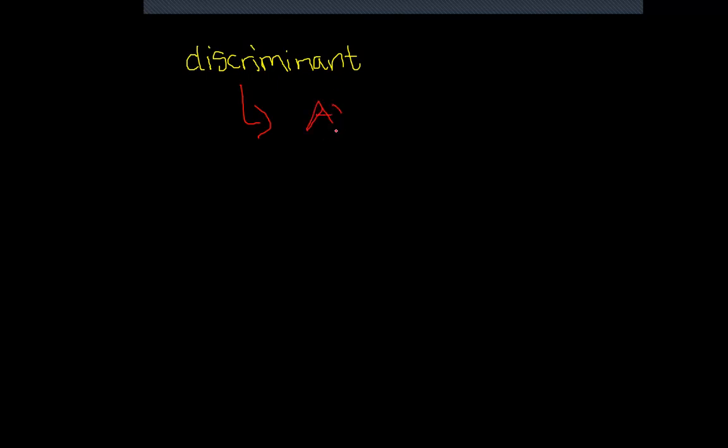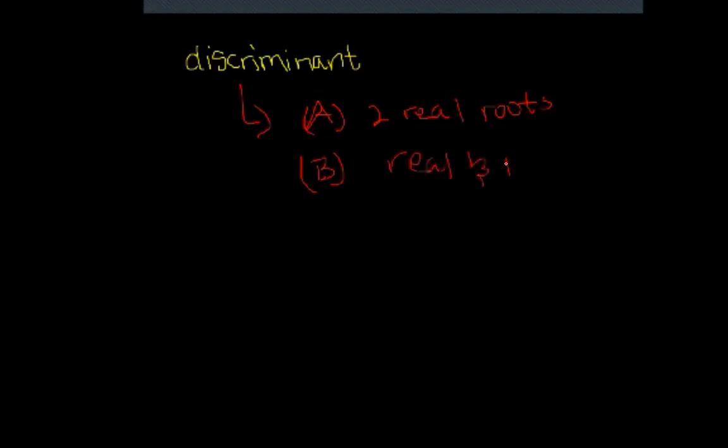A quadratic might have real roots, so two real roots. It could have real and repeated roots. Or it could have no real roots, or some people might say imaginary roots. So I'll just put no real roots.